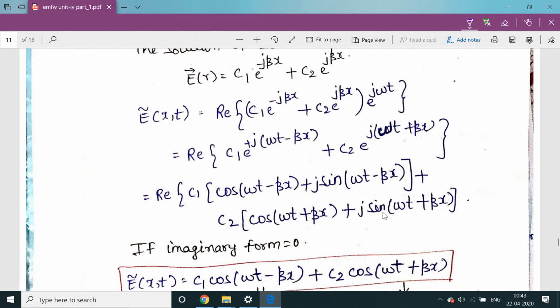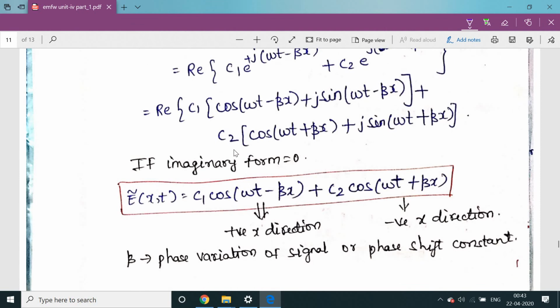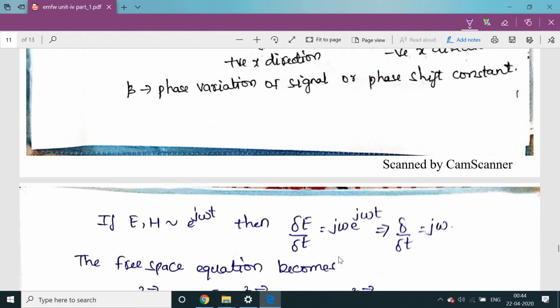If the imaginary term is equal to 0, we get C1 cos of omega t minus beta x, and C2 cos of omega t plus beta x. If this is equated to 0, omega t is equal to beta x. So this is the positive x direction, and this is the negative x direction. Here beta is the phase variation of the signal, or the phase shift constant.